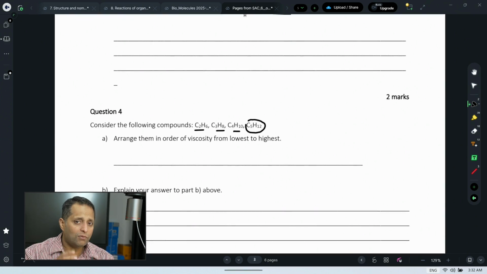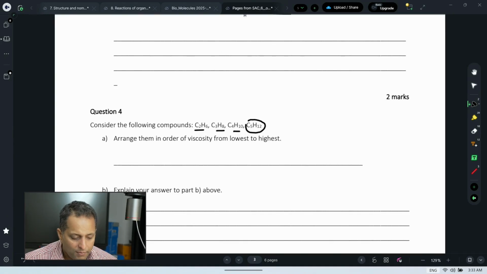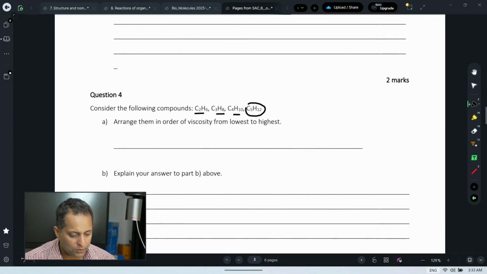The only intermolecular forces they can have between those molecules are dispersion forces. The bigger the molecule, the more the dispersion forces. More dispersion forces mean stronger intermolecular attraction. Stronger attractions mean more viscous. Pretty straightforward.